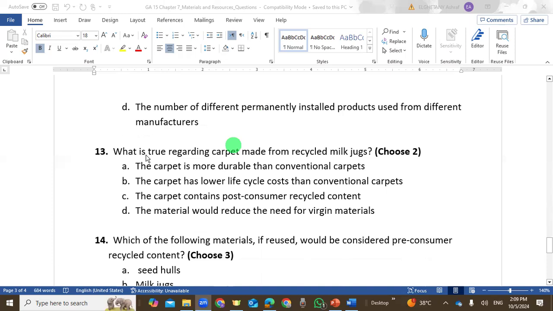Number 13, what is true regarding carpet made from recycled milk jugs? Let's have your answer. Lou Ann, please answer this.